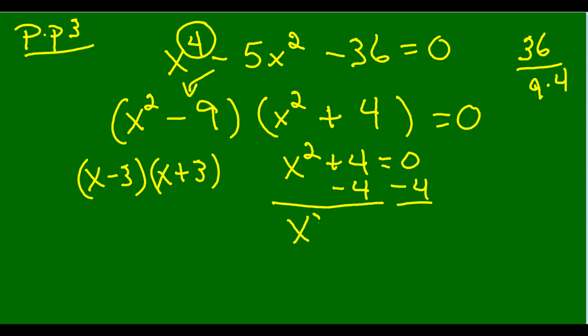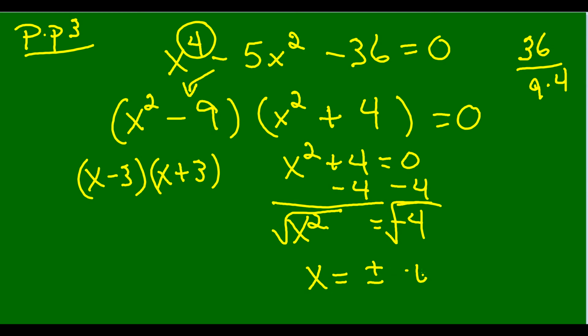And I've got x squared equals negative 4. Then if I take the square root of both sides, now I see I've got x equals plus or minus the square root of negative 1, here is the i.